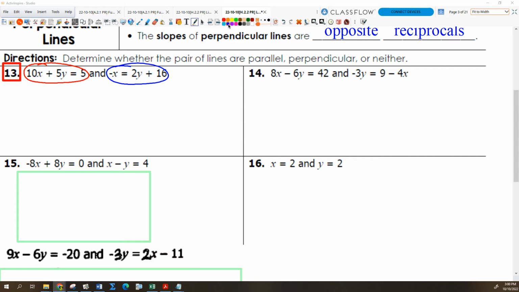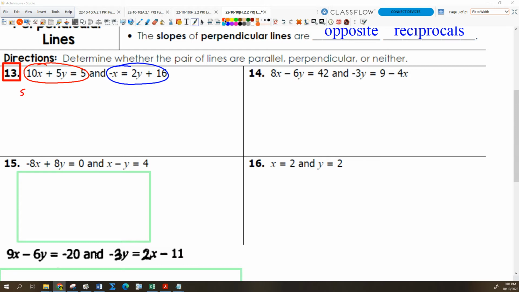How could I come up with the slope of the red line? Okay, good. If I solve for y, I'm putting it into what form? Slope-intercept, and that tells me the slope, doesn't it? Because if a line is in slope-intercept form, the coefficient of x is always going to be the slope, isn't it? Right? So that's all we've got to do. So what are the steps to solve for y in the red equation? Okay, subtract the 10x, right?